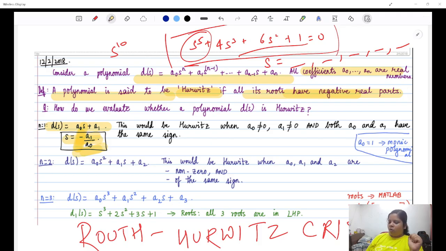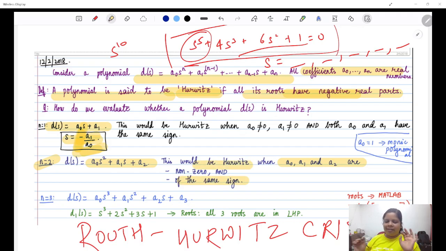If your polynomial is of second order, then it would be a0 s square plus a1 s plus a2. It would be Hurwitz when a0, a1 and a2 are all non-zero and have the same sign.